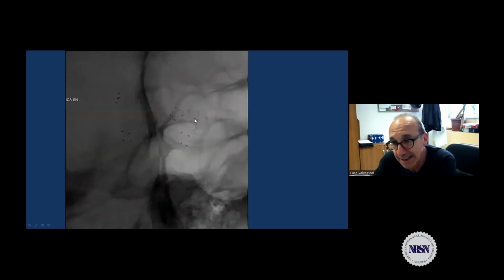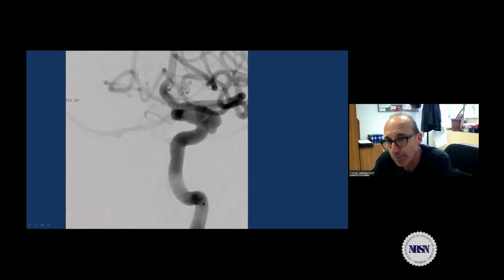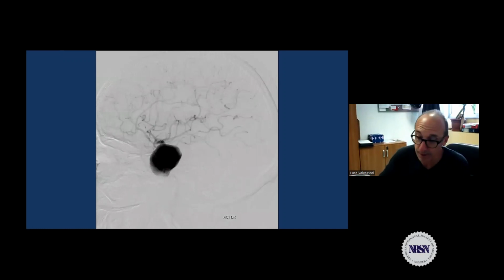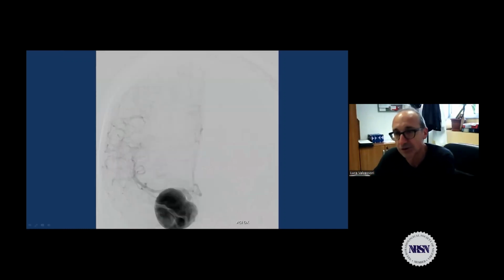Basically these stents are exactly the same, but they have, let's say, a resistance to the aggregation of the platelets on their surface. Just for you to know, this is research, so for the time being, we are still doing double antiplatelet therapy in case of flow diversion.